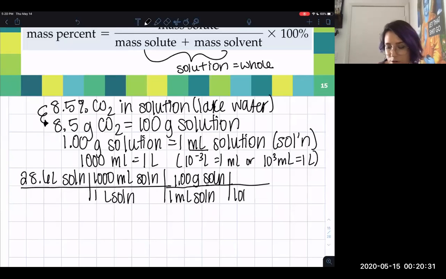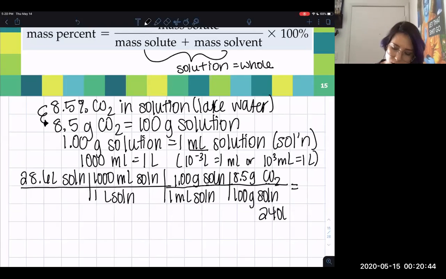For every 100 grams of solution, I have 8.5 grams of carbon dioxide. And that's going to give me mass of carbon dioxide. So you should get 2,400 grams of CO2, or you can put that in scientific notation.